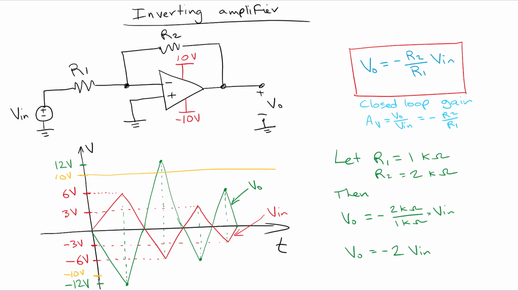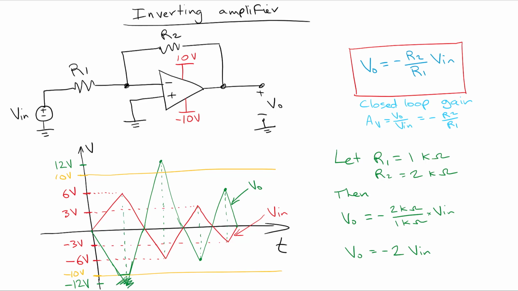So let's draw it out like that. The op-amp output, which is the green line, Vout, can't go above 10 volts or below minus 10 volts. So what's going to happen is that the voltage coming down is going to hit the minus 10 volts, then come across and go up again.